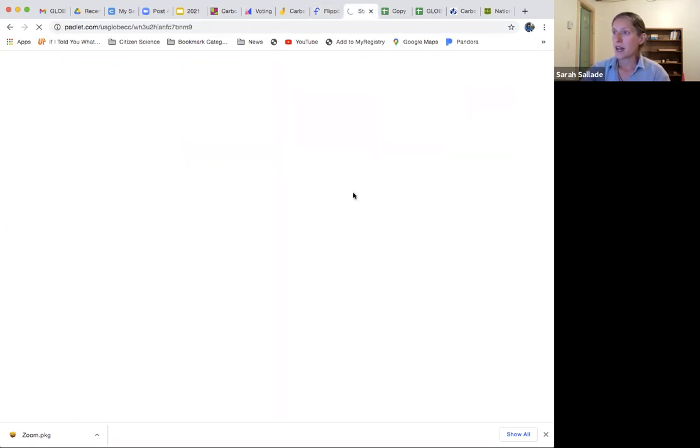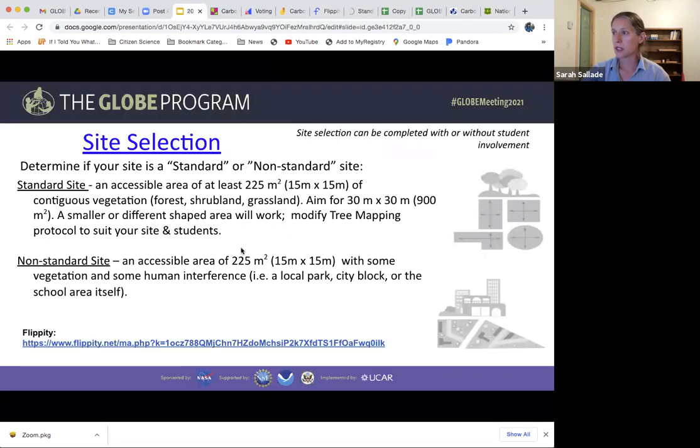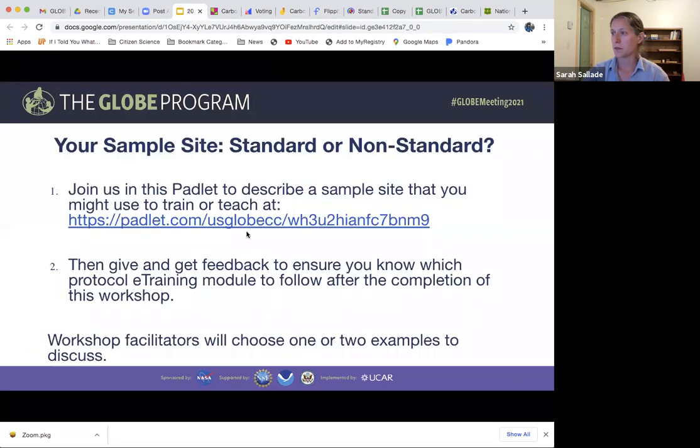So now it's time for you to do a little bit of thinking about your own site. Is the site that you're going to train or teach on standard or non-standard? You're going to jump into a Padlet.